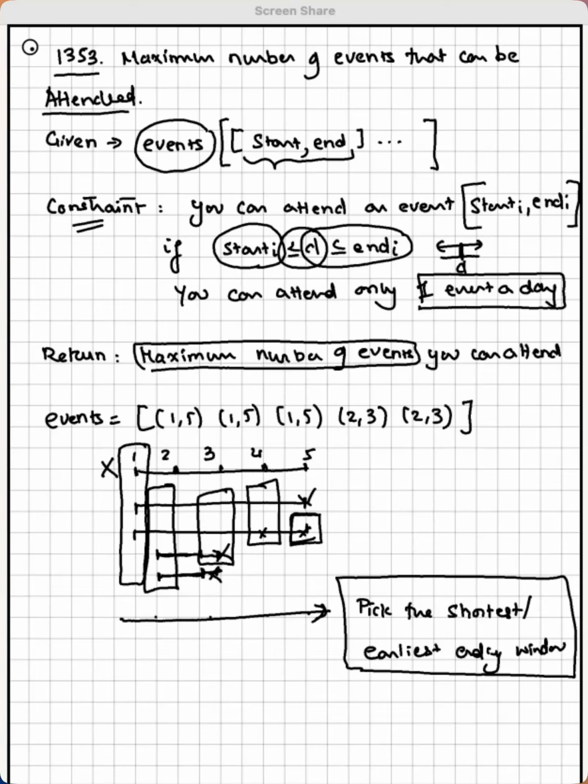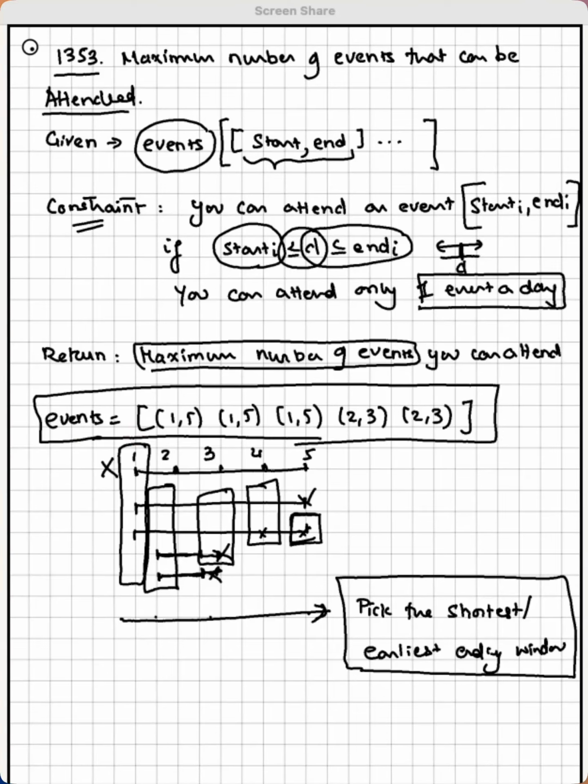But in order for us to process these events itself, what was very important was to have these events sorted by start date. And this is important because I am progressing day by day. And I want to have all the events that are starting either today or earlier than today as my left hand side.